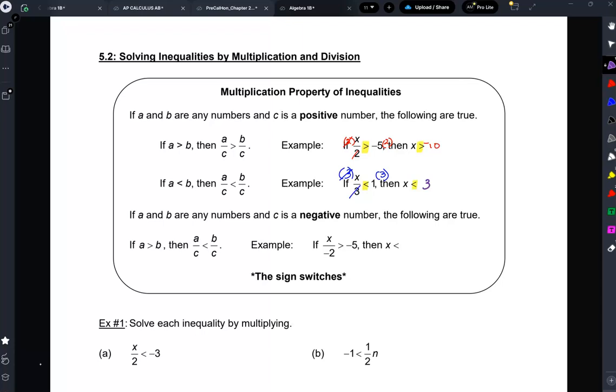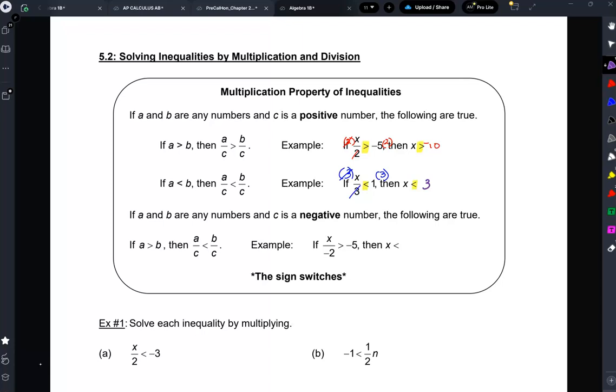You know when we multiplied by the red 2? That was a positive number, correct? We multiplied by a positive number and we took the sign over as is. Is the 3 a positive or a negative number? Positive. Positive number. So when it's a positive number, we took the sign as is.